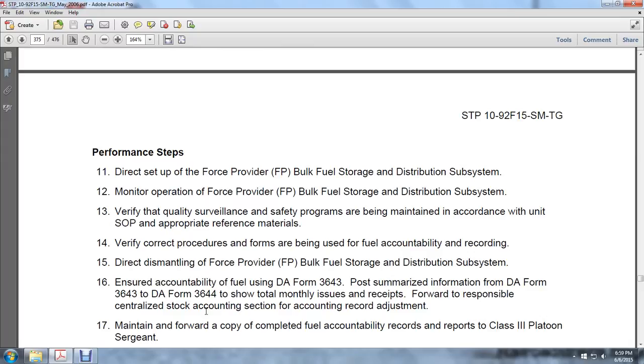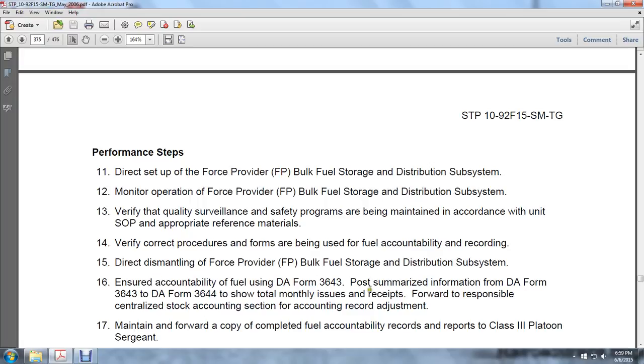Direct setup of the force provider bulk fuel storage distribution system. Monitor operation of the force provider bulk fuel storage distribution system. Verify the quality surveillance and safety programs are maintained in accordance with the unit standard authorization procedure and appropriate reference materials. Verify the correct procedures and forms are being used to fill out the accountability record.